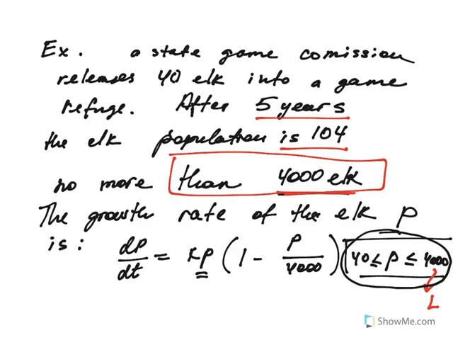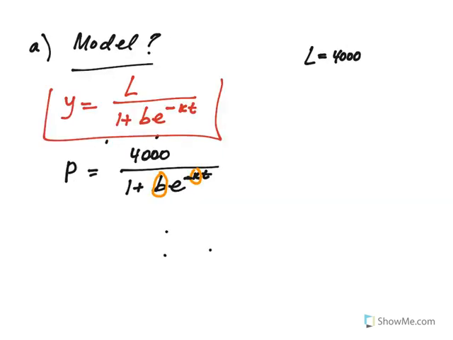And in the beginning it says, a state game commission releases 40. So when t is 0, P equals 40. So I'm going to put that point with the coordinates right here, and we call it the initial condition.